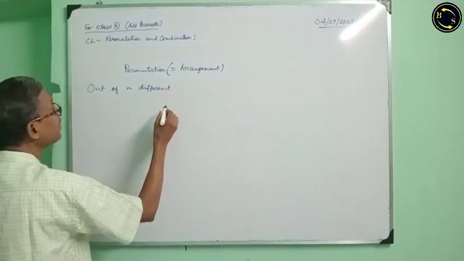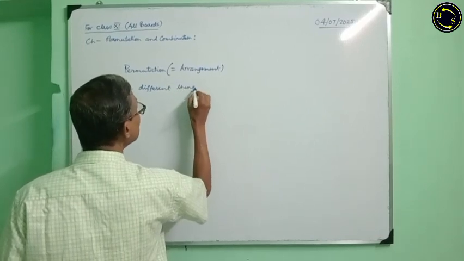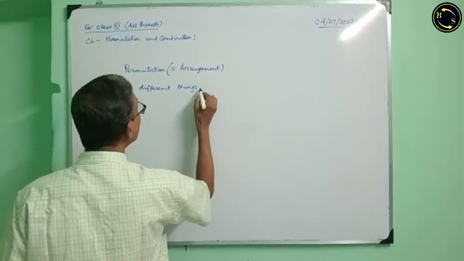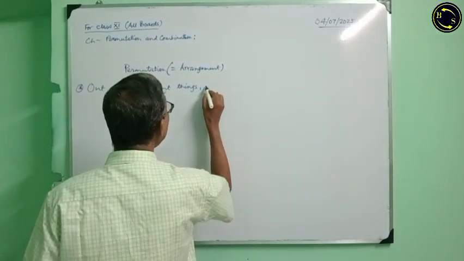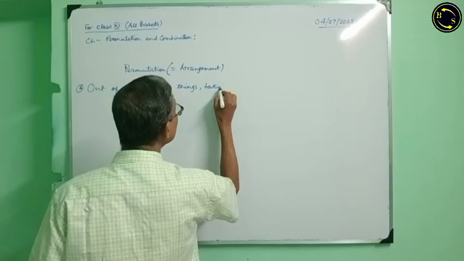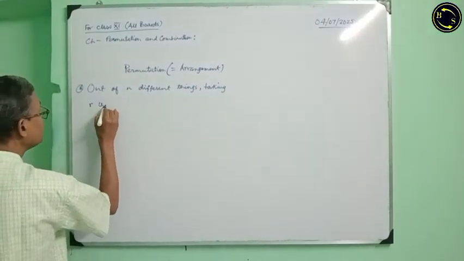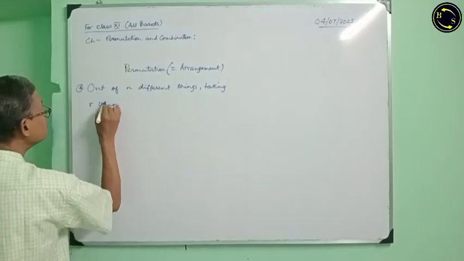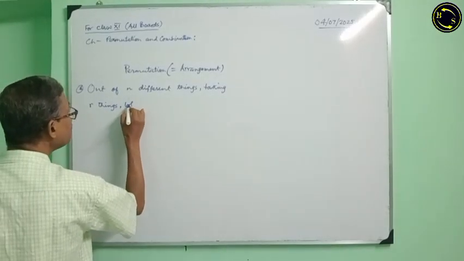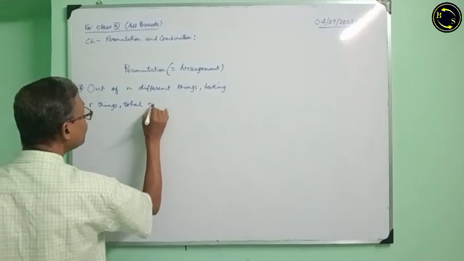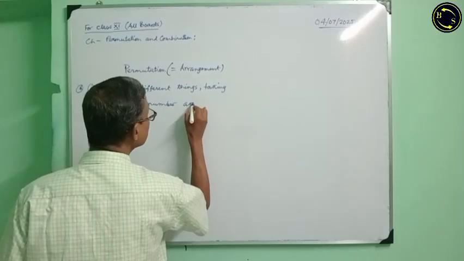Out of n different things, taking r things, total number of arrangements.